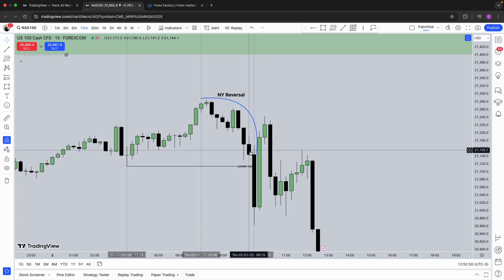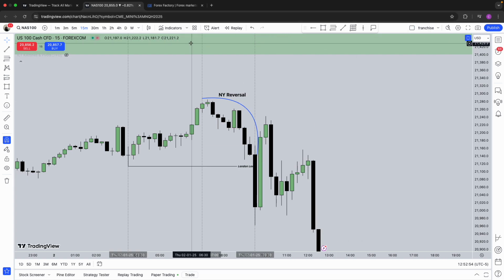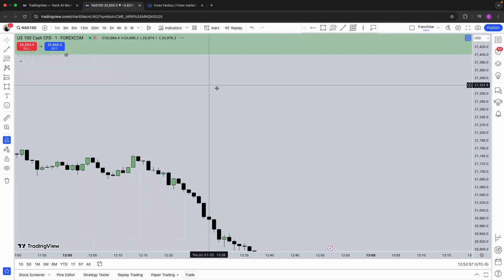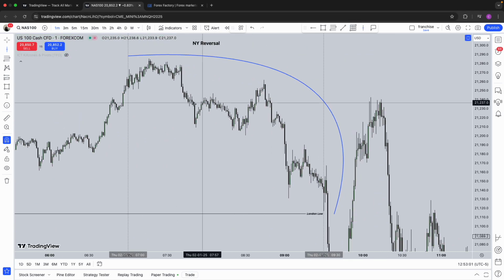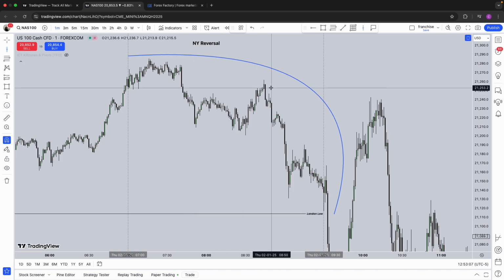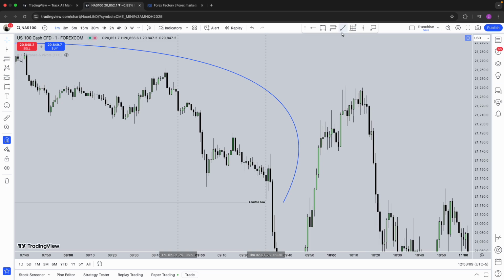So 7 till 9:30, we did complete a New York reversal profile. There was an entry. I believe someone in Flux's Discord did point this out. I think it was 850 macro. Yeah, 850 macro here. That had entries on this fair value gap.